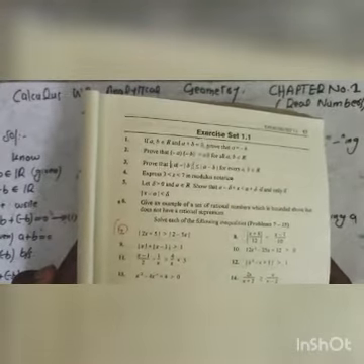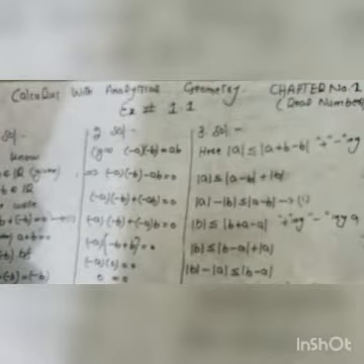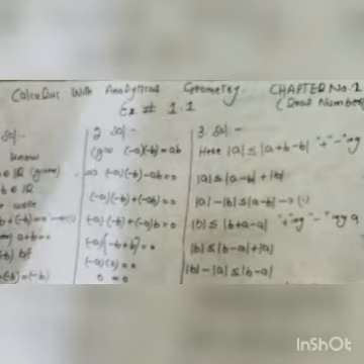So prove that one number is equal to the negative of the second number. Now we are going to discuss and solve this question.